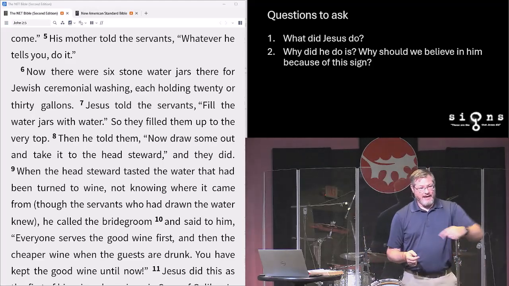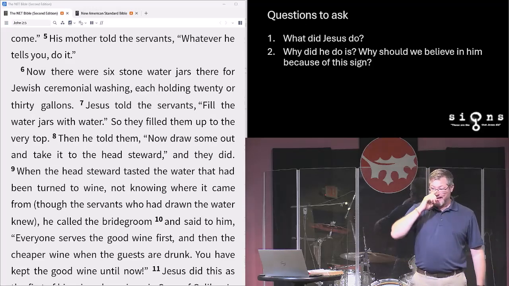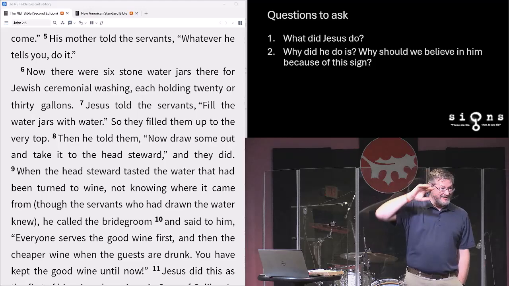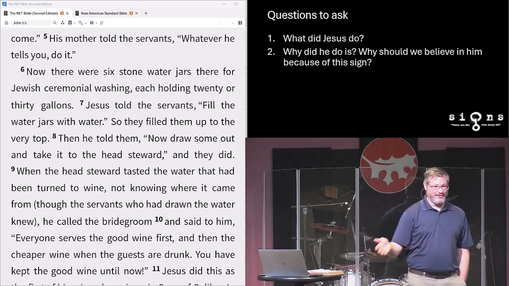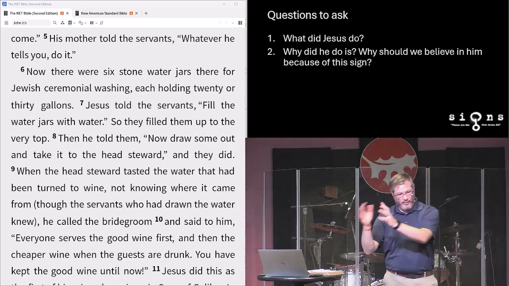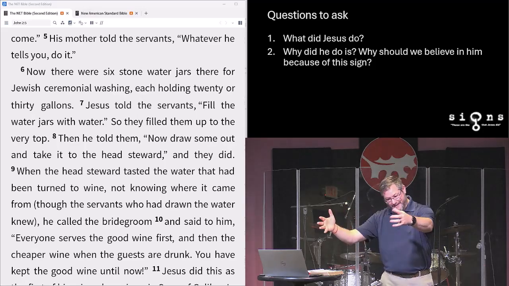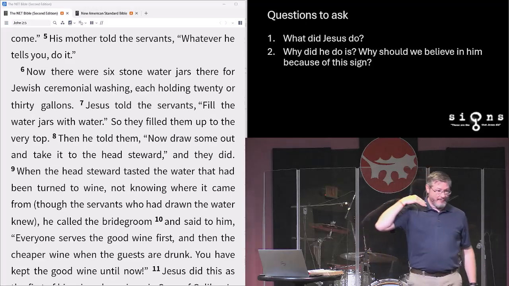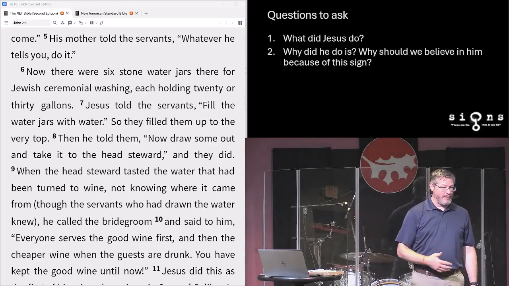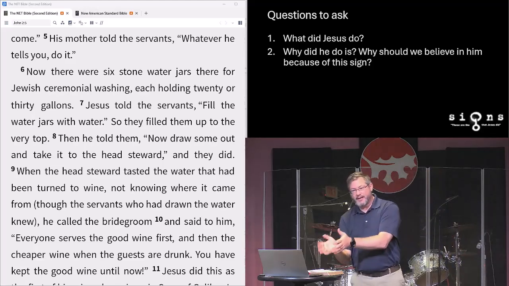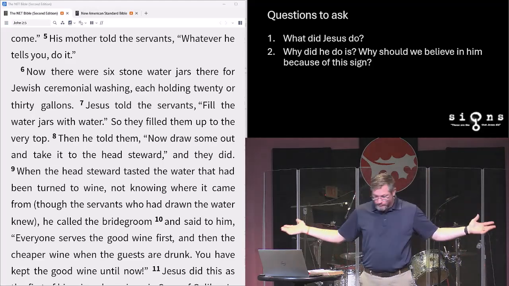And in fact, he hunted down the groom and he said, dude, where did this come from? Everybody puts out the high quality stuff first, right? Because usually that's more expensive, you don't have as much. Get everybody drunk, and then you can put out the bad stuff, and nobody knows the difference, right? That's what he said. Things don't change, by the way.